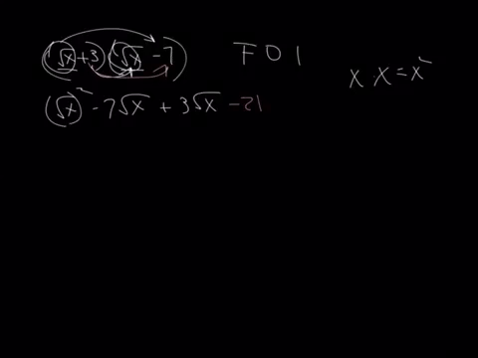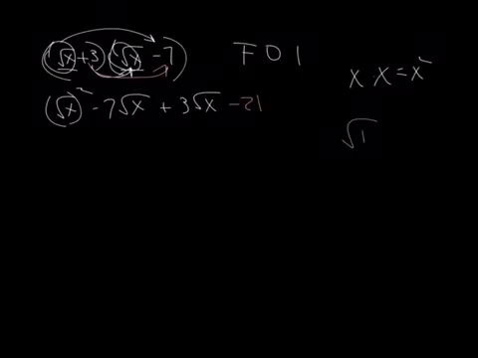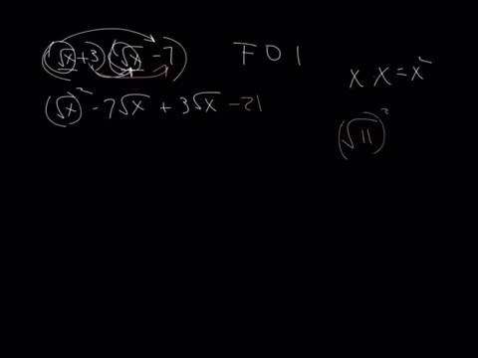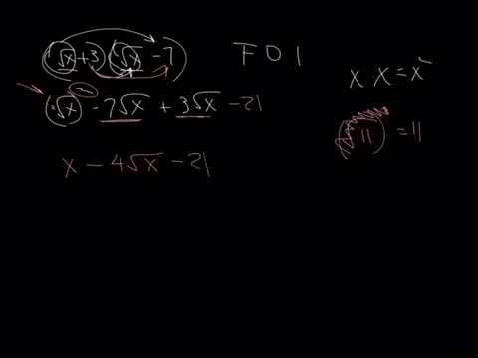Alright, now remember from earlier I said if we have the square root of a number squared, all of this stuff goes away and we just get 11. Same is true here. We have a 2 here and a 2 here, so everything goes away except the x. Negative 7 plus 3, and we get that. Okay?